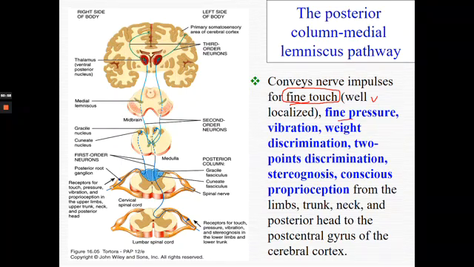Fine pressure, fine touch, vibration, weight discrimination. To discriminate, if you put something in your hands, you discriminate whether this is heavier or lighter than the other one. Two-point discrimination, to see if the stimulus is stimulating two points or one point. This is what we call two-point discrimination or fine discrimination.